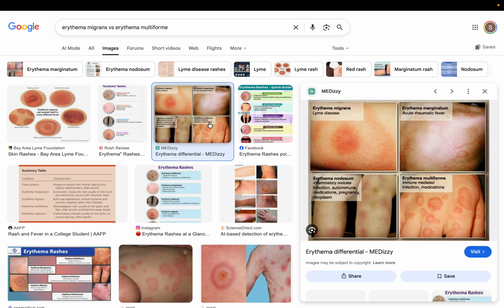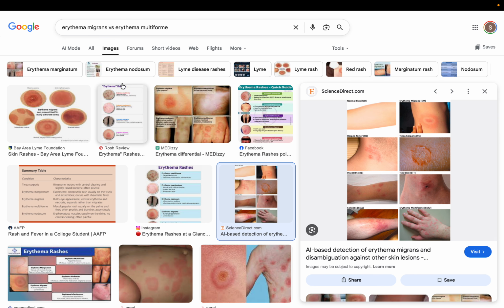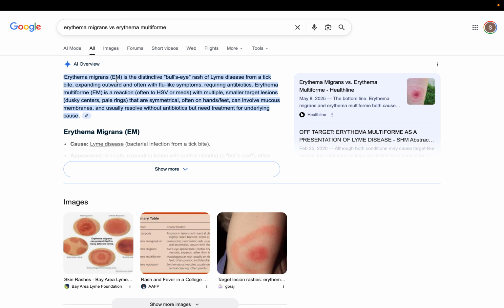I don't know what a bull's-eye appearance is. It's like a circle and then another circle in between. Yeah, it still looks pretty similar to me. So, erythema migrans is the distinctive bull's-eye rash of Lyme disease. Erythema multiforme is a reaction to HSV or meds.